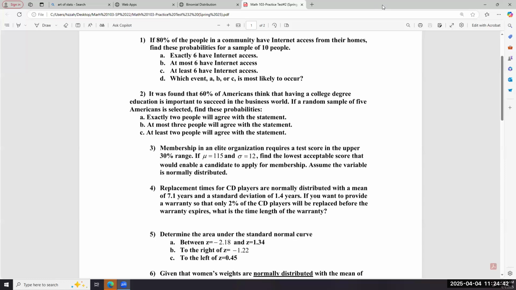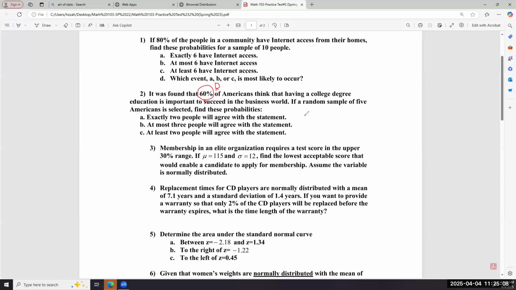As soon as you get a binomial situation, you have to identify what you mean by the probability of success. This is 60%, which is P. So for the failure, the complement would be 40%. So P is 60%, Q is 40%.